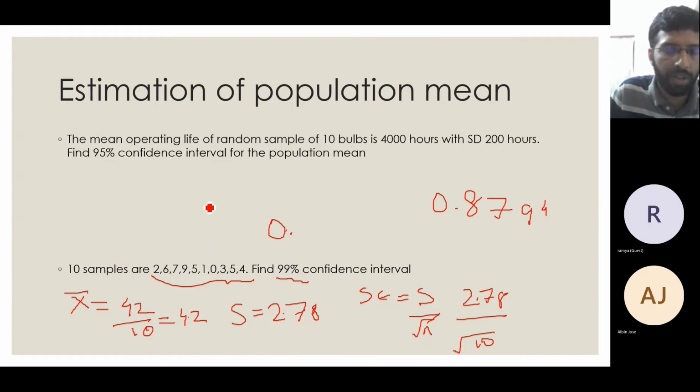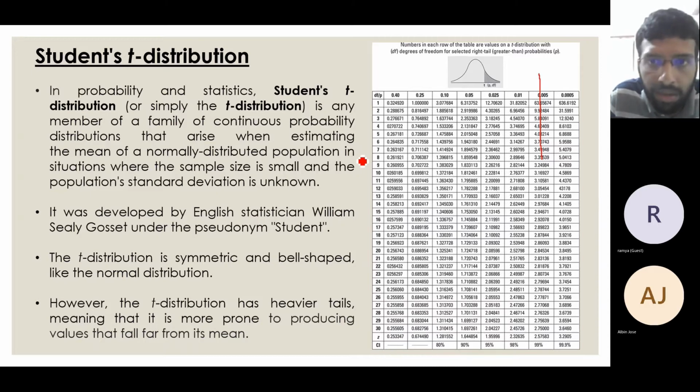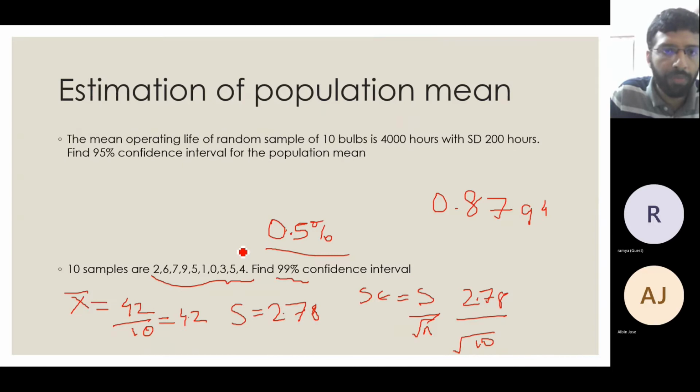So I have to find 0.5%, two-tailed. So 1%, half of that is 0.5%. So at 0.5%, the degrees of freedom is 9 since I have 10 samples. So from the t table, 0.5% is this, degrees of freedom 9. I will get 3.249. I will round it as 3.25.